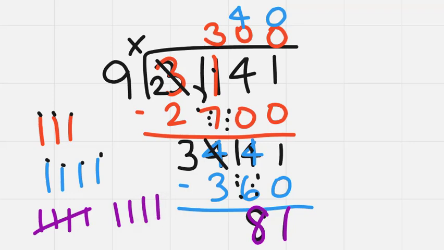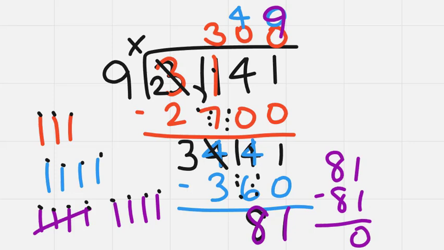We stopped right on the number. Let's count. There's 1, 2, 3, 4, 5, 6, 7, 8, 9. 9 nines. We'll put it straight up from the 81, and then we need to subtract. 81 minus 9 times 9 is 81, and this will equal 0.